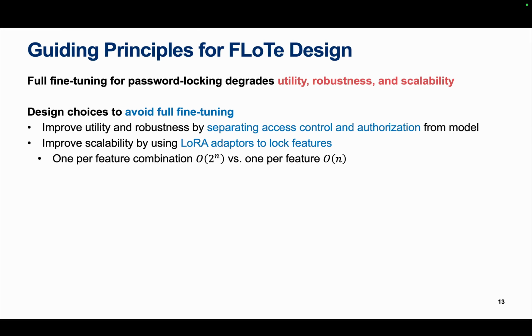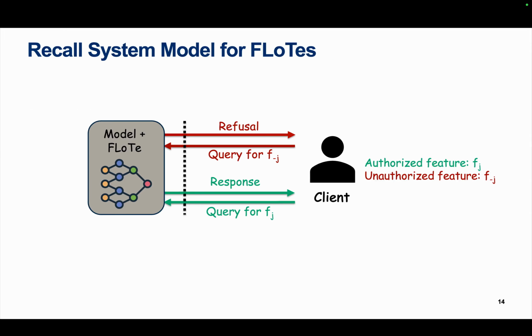So instead of training one adapter to lock a specific feature combination, we can train multiple LoRA adapters, each locking one feature, so that we can avoid maintaining an exponential number of different versions of the same model. So recall the system model for feature locking techniques.